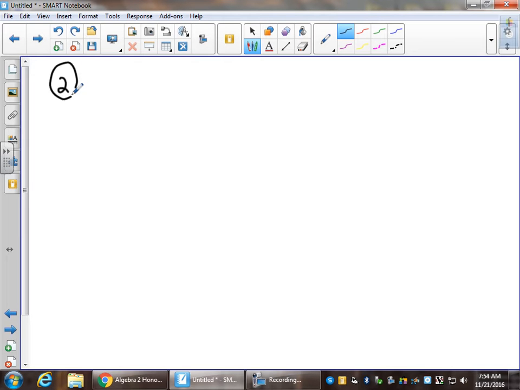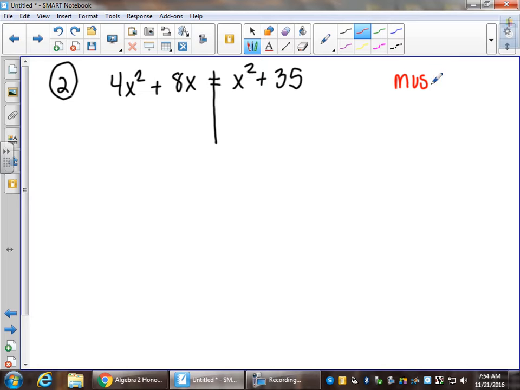Number 2, 4x squared plus 8x equals x squared plus 35. Remember that we must have equal to 0. To make that happen, we can do two things at once.